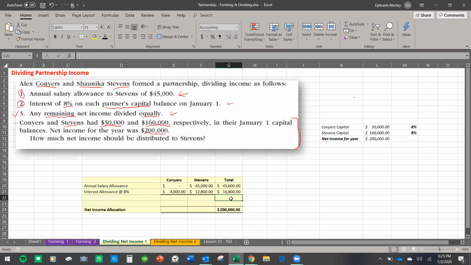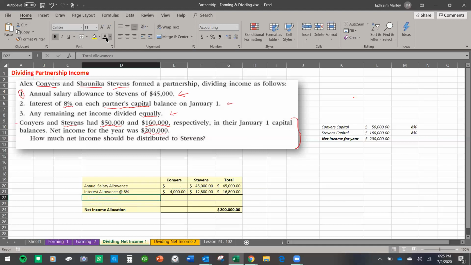So we are going to find our remaining here. We find it by adding all the total allowance and then subtracting that from the net income.